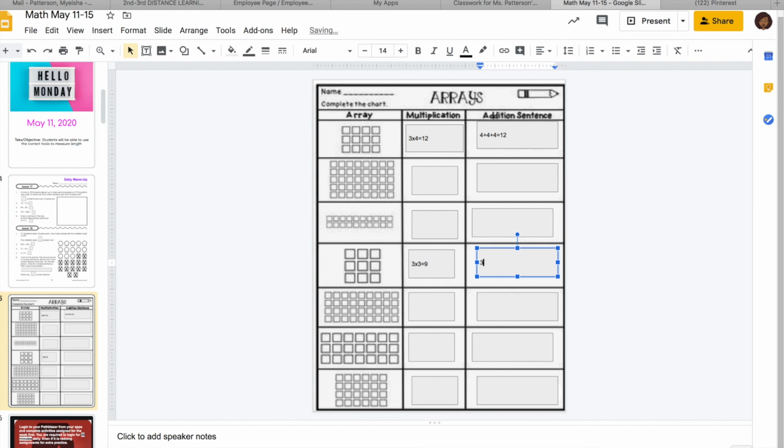So I know that 3, I'm going to have to write my plus sign after it. 3 plus another 1, 2, 3. So 3 plus 3, but I can't forget this row either, plus 3 is going to equal 9. Your answer right here should be the same in both boxes. If it's not the same, that means you did something wrong.